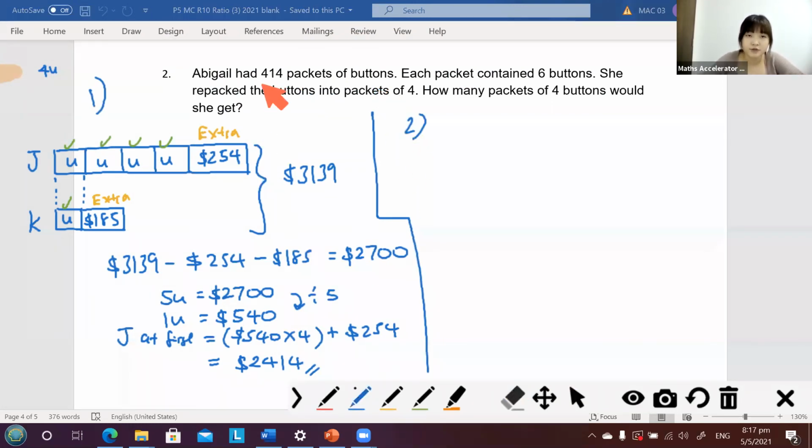So Abigail had 414 packets of buttons. Each packet contains 6 buttons, which means one packet has 6 buttons. She repacked the buttons into packets of 4. How many packets of 4 buttons would she get?